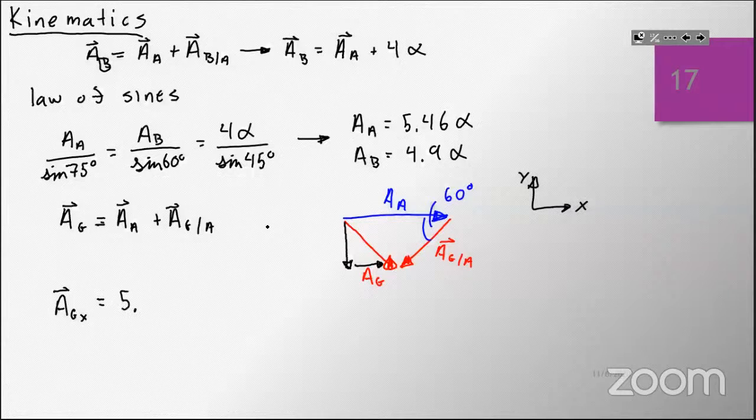So this is going to be what? Well, that's 5.46 times alpha. What's A of G with respect to A? Well, this is just going to be 2 times alpha cosine of 60 degrees.